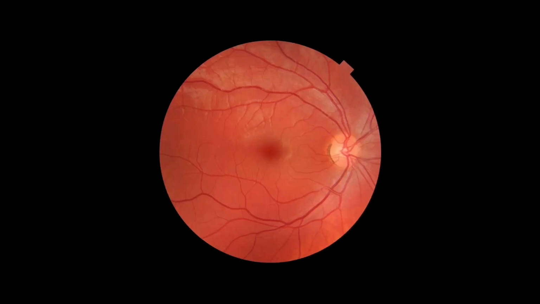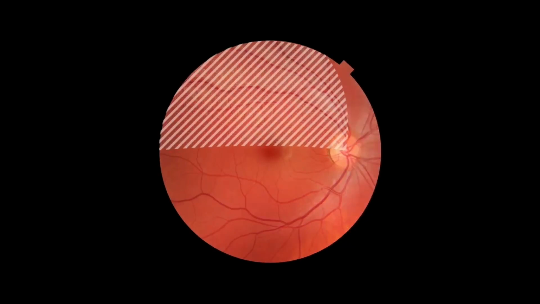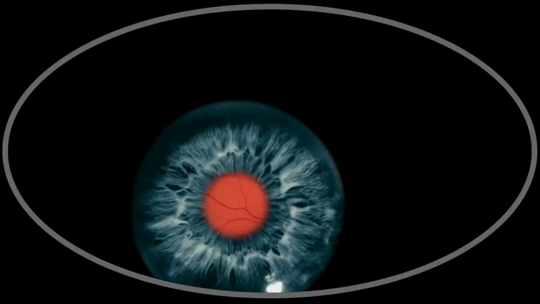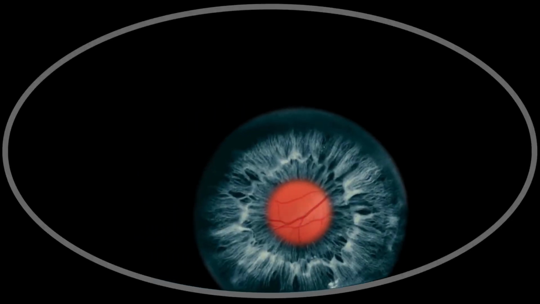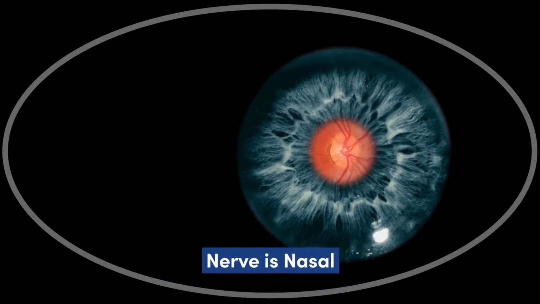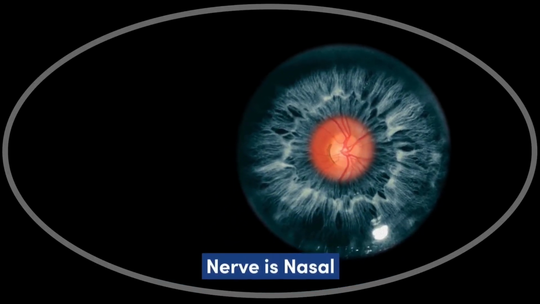Examine all 4 of the retinal vascular arcades, which emanate from the optic disc in the inferotemporal, inferonasal, supranasal, and supratemporal quadrants. As you do this, track the vessels towards the optic nerve, which is located in the nasal aspect of the fundus. So remember, the nerve is nasal.